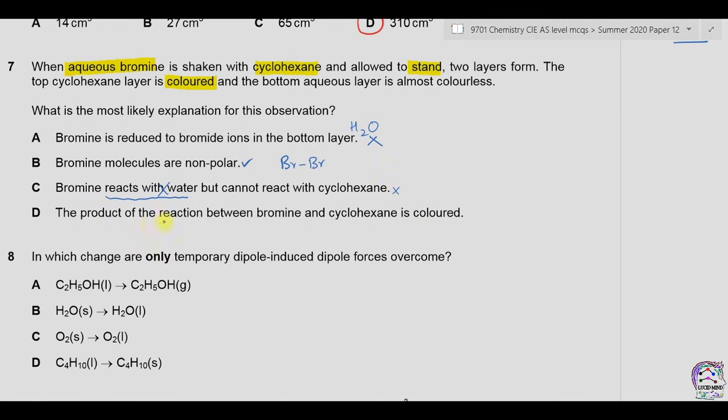D. The product of the reaction between bromine and cyclohexane is colored. Bromine does not react with cyclohexane, so this is also wrong. Bromine just dissolves in cyclohexane. So there is no reaction and no products. So D is also incorrect. So the answer is B.